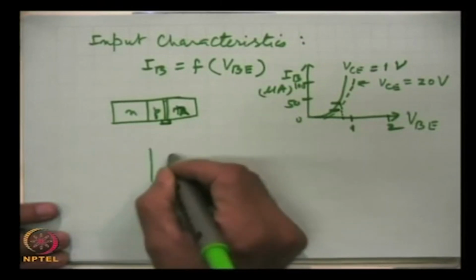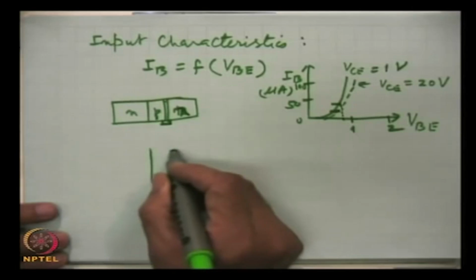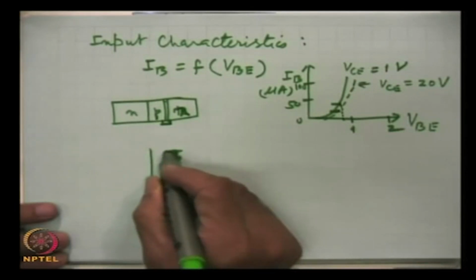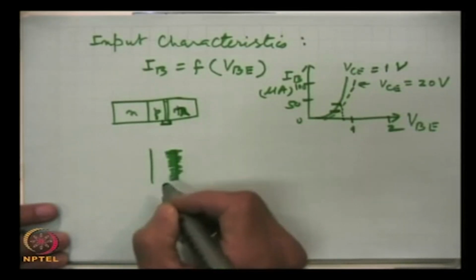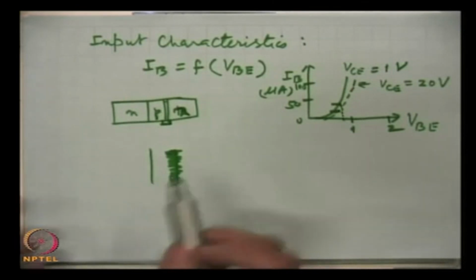So, if this was the base with 1 volt, this depletion region will be more spread in the base region, because this is more lightly doped region.